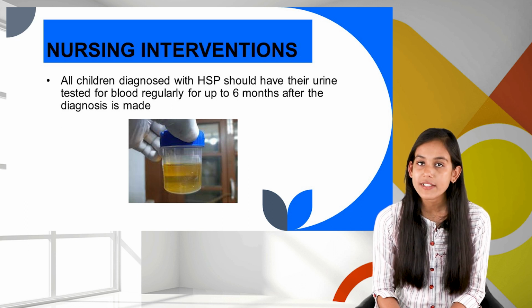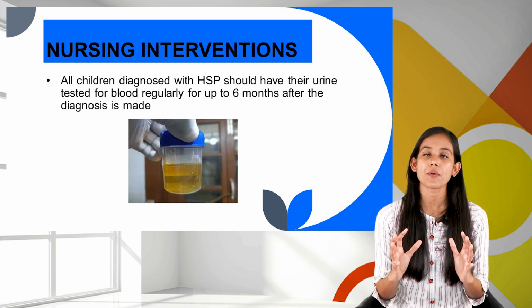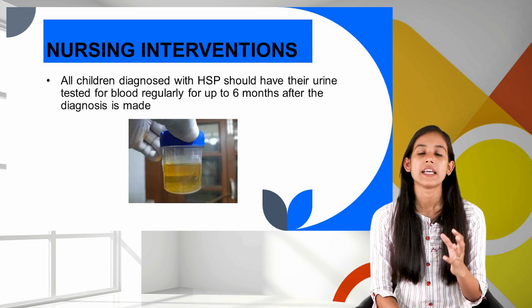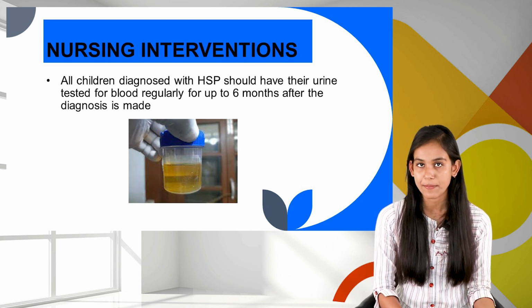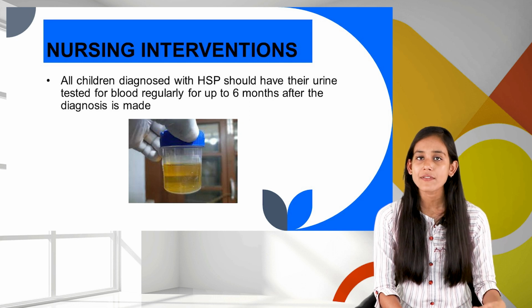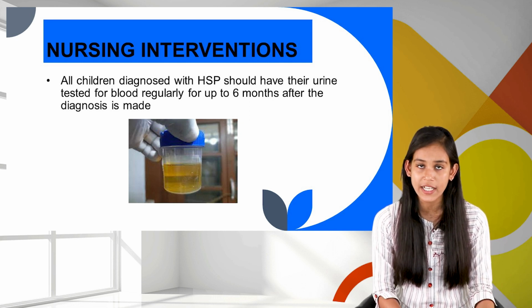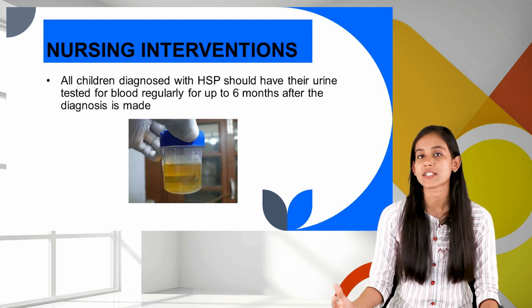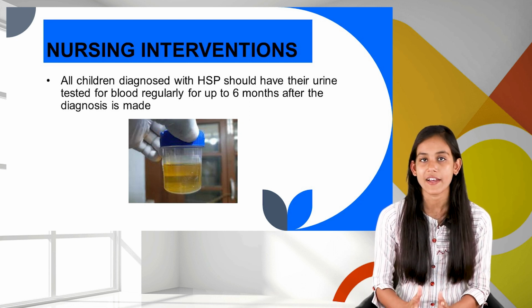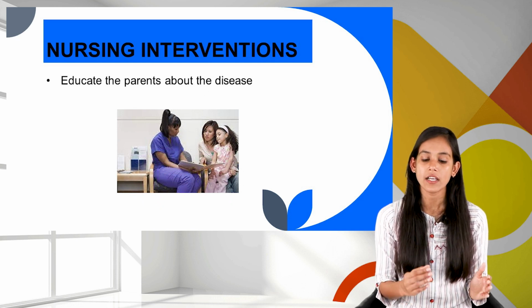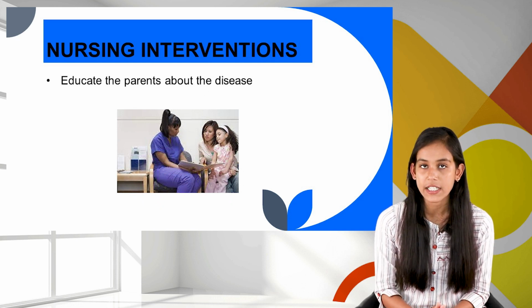Next, we have to monitor the child continuously. For any child diagnosed with HSP, that is, Henoch Schonlein Purpura, we have to make sure that we check the blood test and the urine test for at least up to 6 months after the diagnosis has been made. Next, we have to educate the parents about the disease condition.